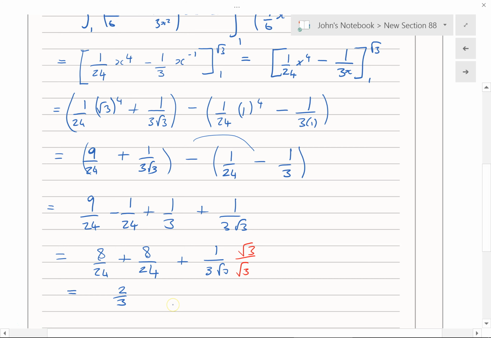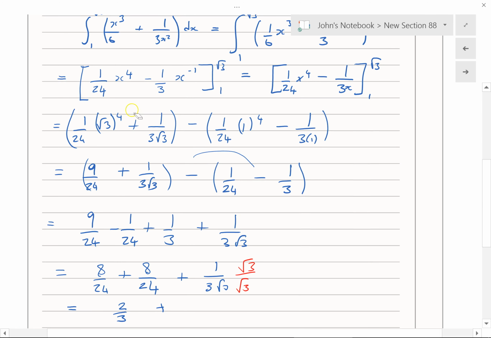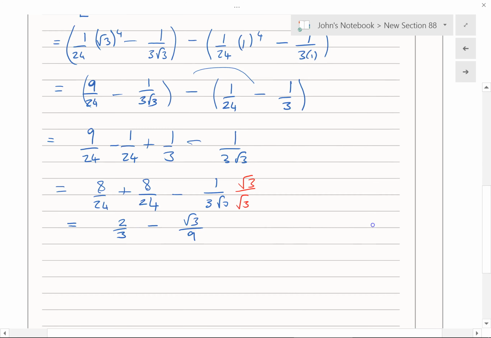And this bit here will be equal to 9, oh, so I've got a minus. Yeah, I've made a mistake here, haven't I? Should have been a minus there. So that's minus square root of 3 over 9. So that's it. That's that one done.